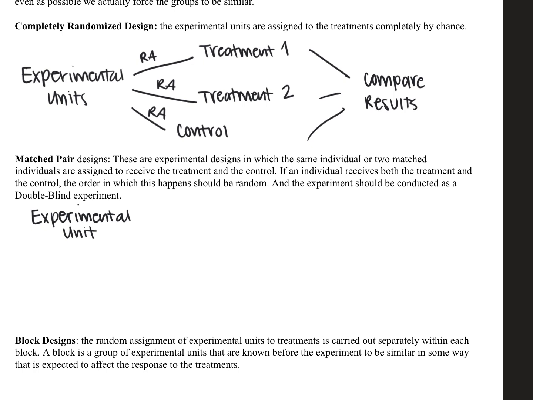So experimental unit 1 gets randomly assigned to a treatment or maybe the control, and then you compare the results. Then you would move on to your next experimental unit.